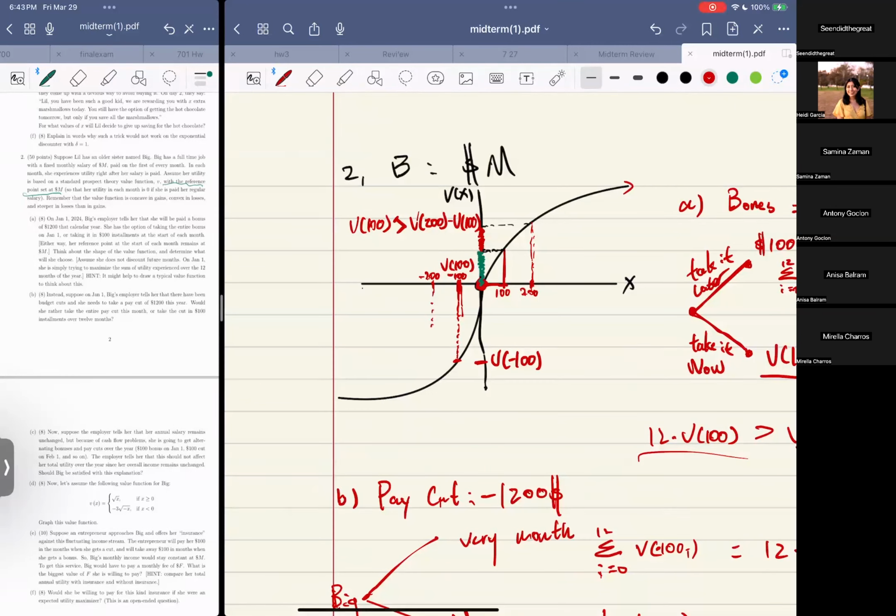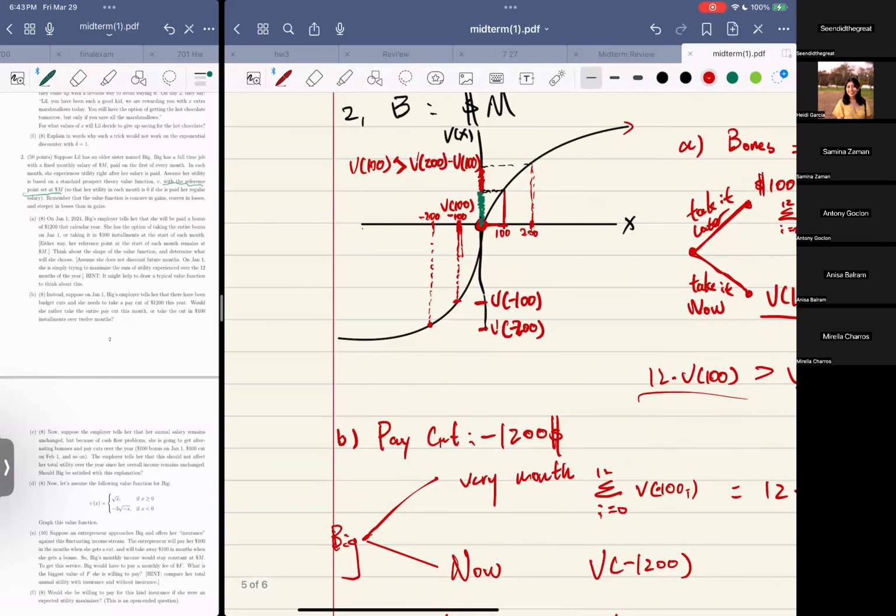Negative 200 looks like this, V of negative 200. As we can see, the additional money loss hurts us less than the initial one.